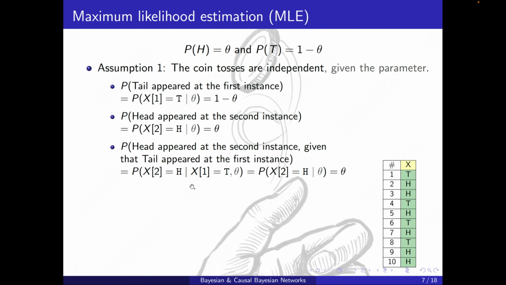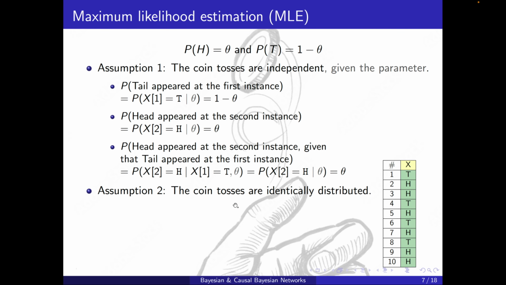It doesn't matter if I tell you that, look, in the previous toss you had a tail. Does that change the probability of having head this time or having tail this time? No, it doesn't affect that. This is the independence assumption of the coin tosses or the data instances.